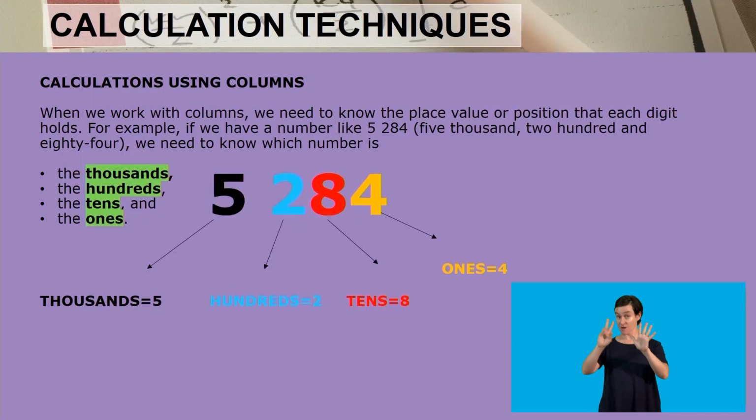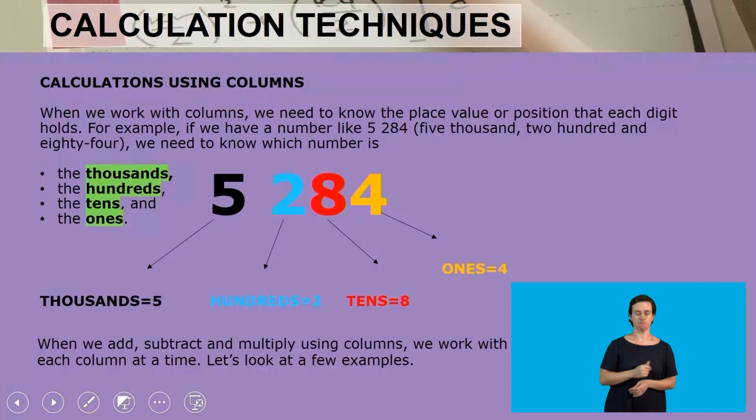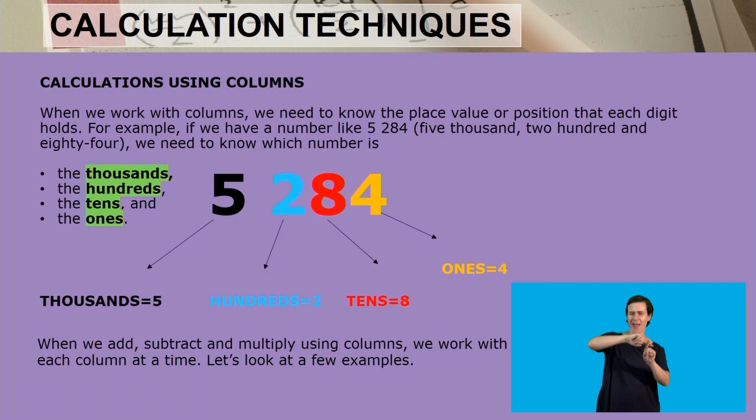As we can see, the 5 is in the place value of the thousands. The 2 is in the place value of the hundreds. The 8 is in the place value of the tens, and the 4 is in the place value of the ones. So this means we have 4 ones, we have 8 tens, we have 2 hundreds, and we have 5 thousands. So when we add, subtract, and multiply using columns, we work with one column at a time.